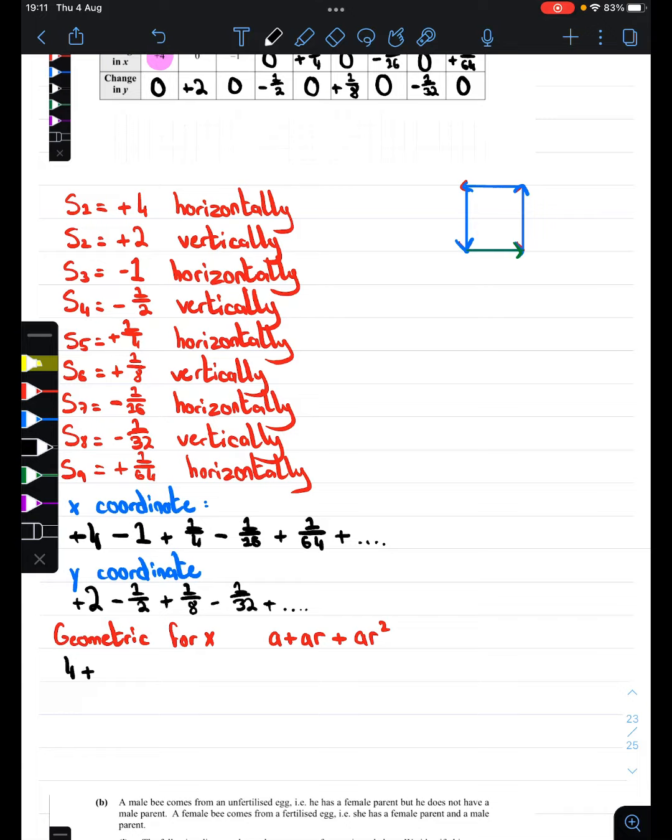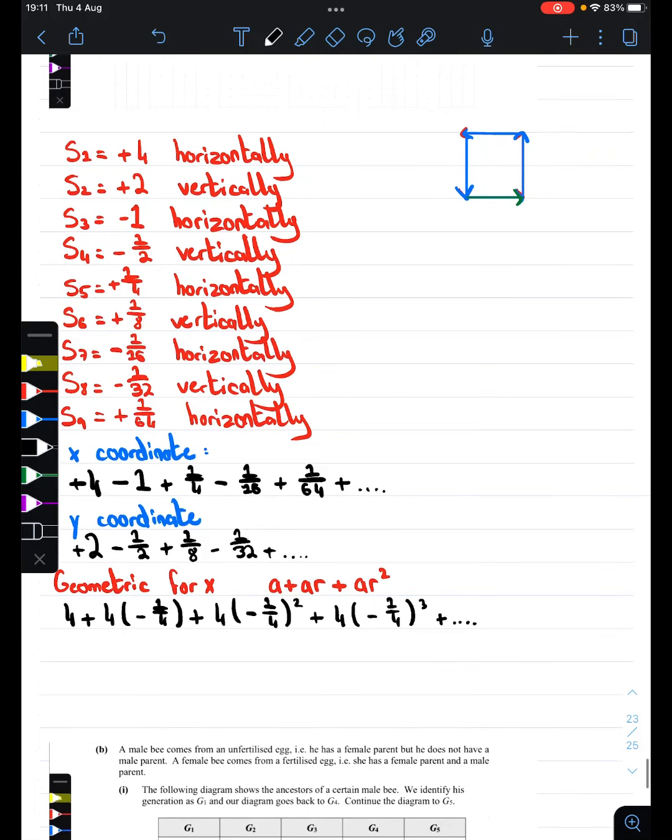So a would still be 4, and r would be minus 1/4. Then the next term would be 4 times minus 1/4 squared, which is 1/4. And then 4 times minus 1/4 cubed is minus 1/16. So this pattern actually works. We've constructed this geometric sequence where a equals 4 and r equals minus 1/4.